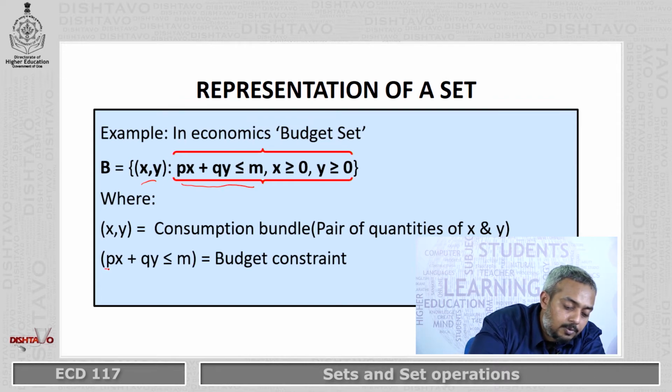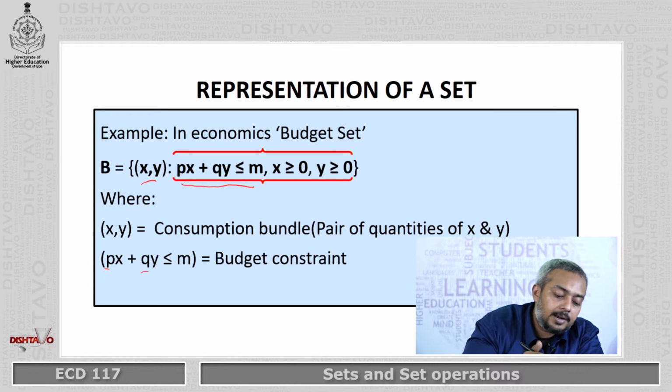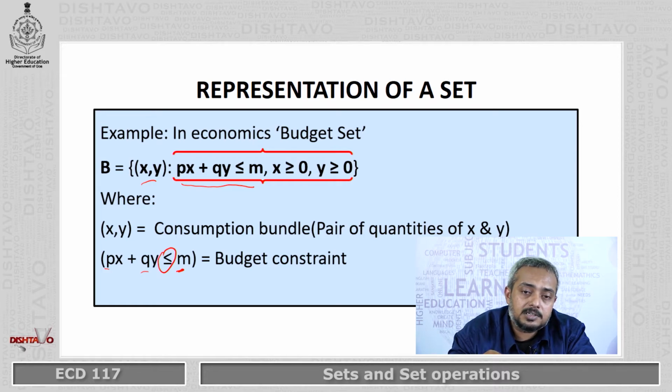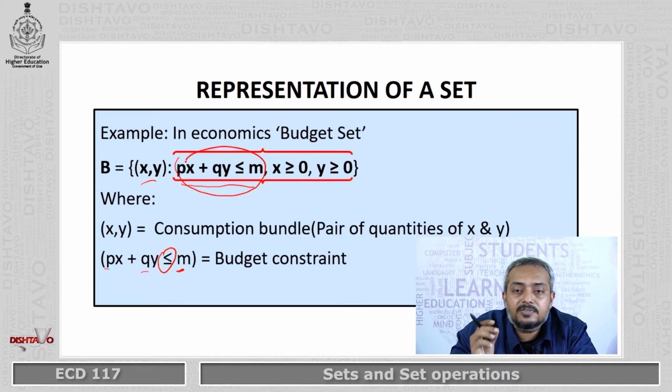P is the price for x, q is the price for y, and it is telling you that when you are going to make this consumption bundle, this choice, you have to make sure that you buy these things at those prices, and it has to be less than or equal to this particular level of income or money that you have. This is your budget constraint. Okay? This is the first constraint. So, from here to here you have the budget constraint. That is the first property that this particular set is defining.